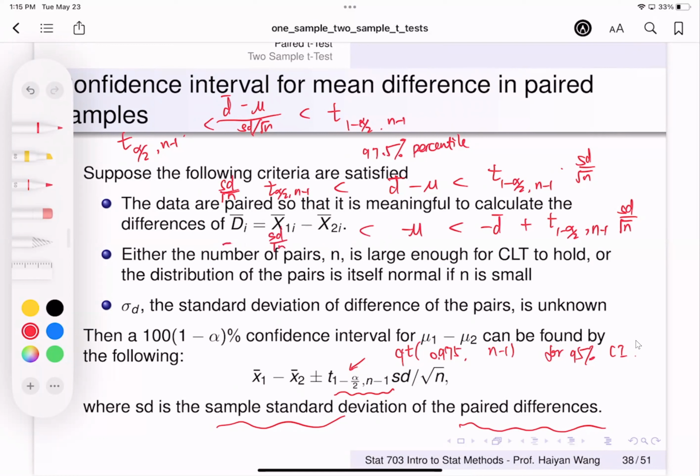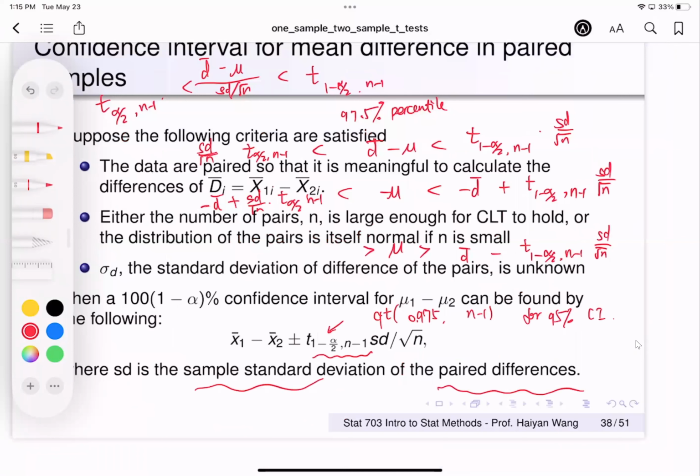Next, I need to multiply by negative 1 on all three sides. Once you multiply by negative 1, the sign changes, so the inequalities flip, and the interval becomes d bar minus the t percentile times SD over square root of n on one side, and d bar on the other.